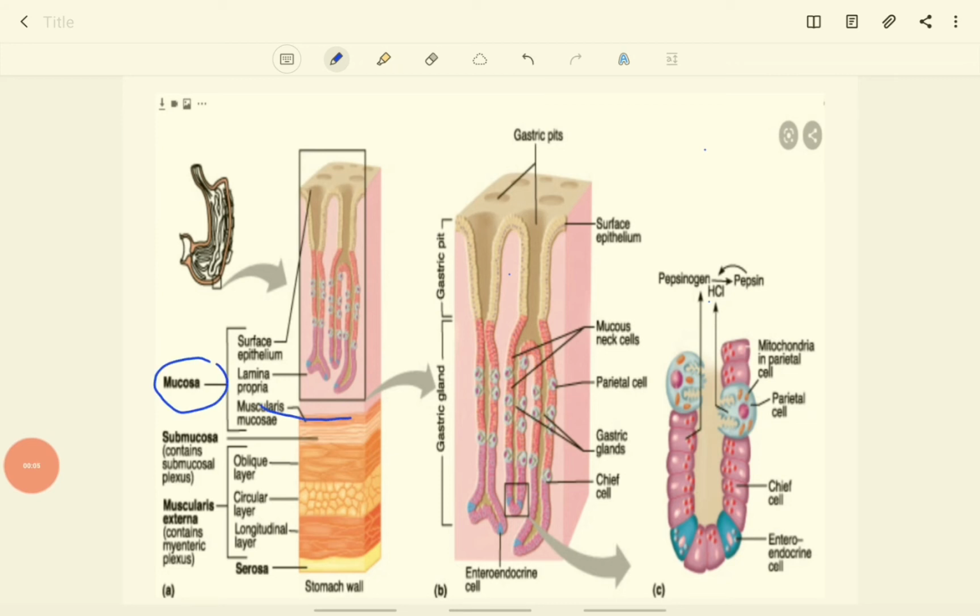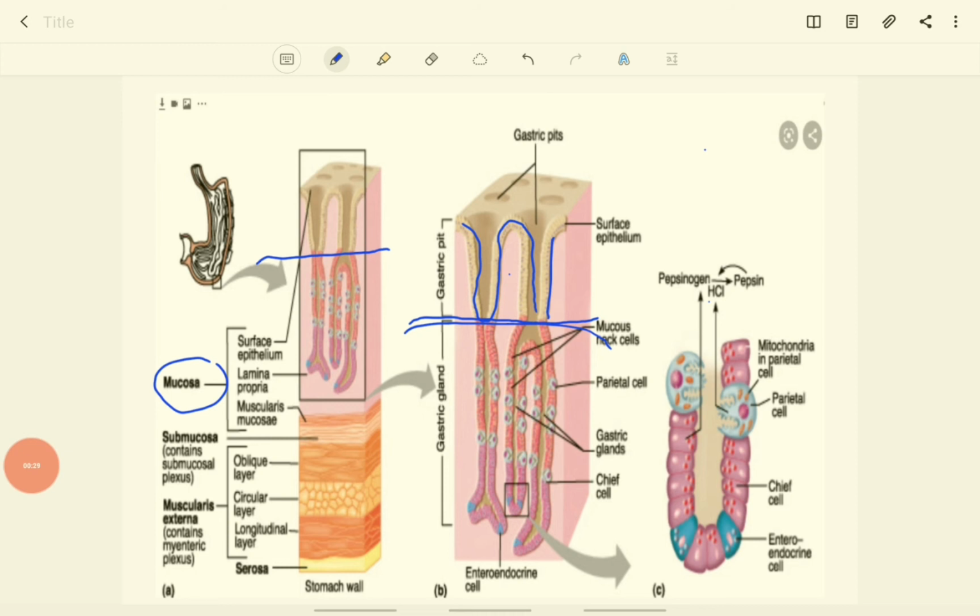This is up to this portion. So in this place, the surface epithelium will be the pit of the gland until up to here, as shown here. This is the pit of the gland, and this is the gastric gland.